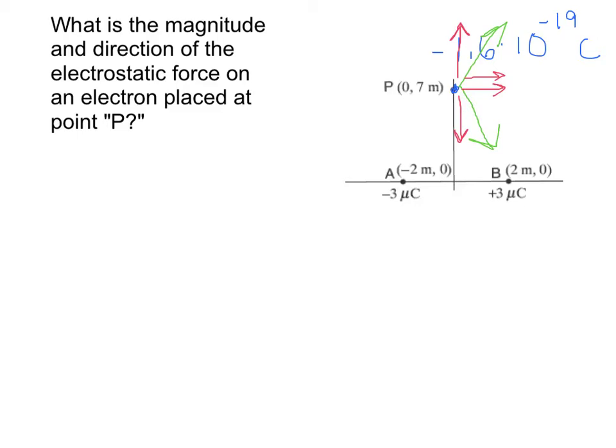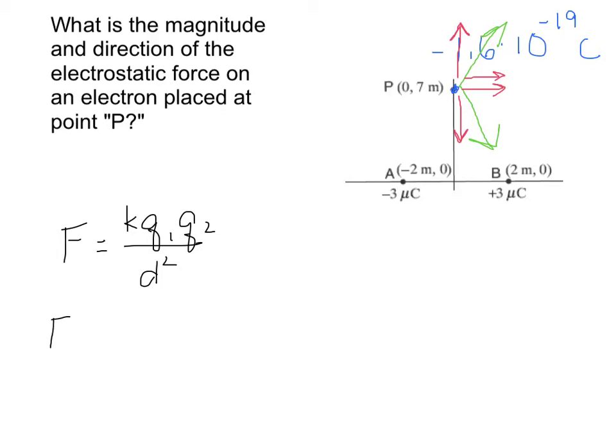So now we're going to get into the math a little bit. We're going to use Coulomb's law, which says the force, and I'm just going to find one of those red components, the horizontal component. The force will be K Q1 Q2 over the distance separating the charges squared.